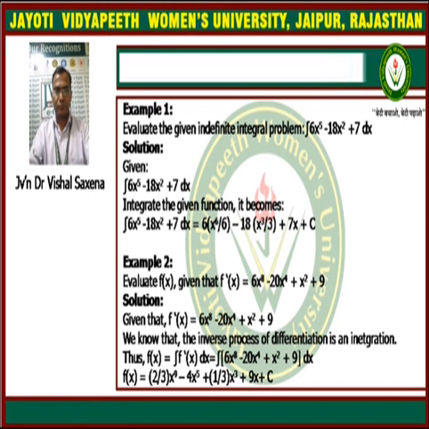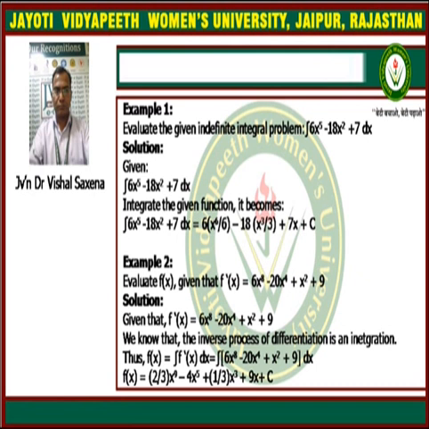In a similar way, the next problem: evaluate f(x), given that f dash x equals 6x to the power 8 minus 20x to the power 4 plus x square plus 9. So we are given a derivative, and we have to find f(x).